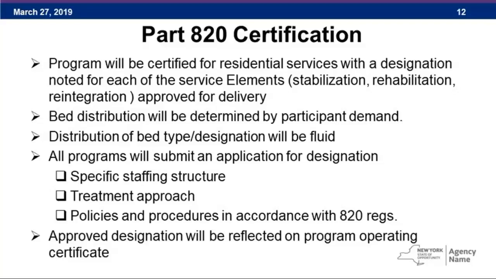So at a certain time, you may need more stabilization beds and less rehabilitation beds, and at other times, those beds that were formerly occupied by individuals in stabilization have now transitioned into the next element of care. So if you have a 50-bed facility, as I said, you don't have to specifically assign 25 beds to stabilization and 25 beds to rehabilitation.